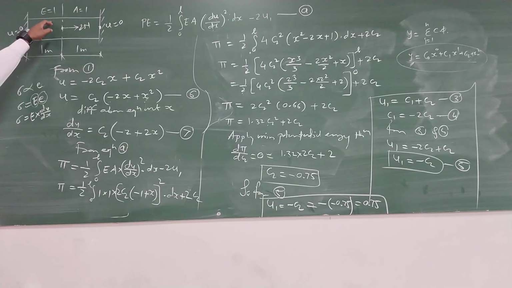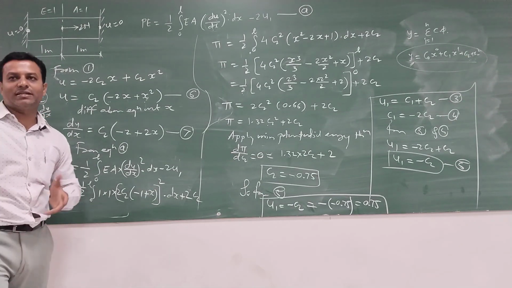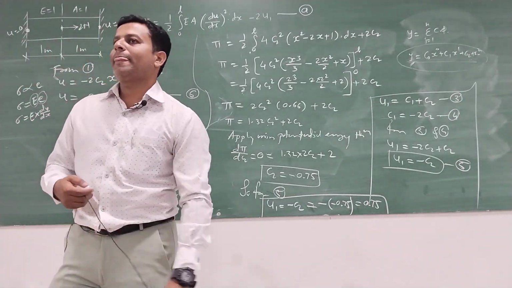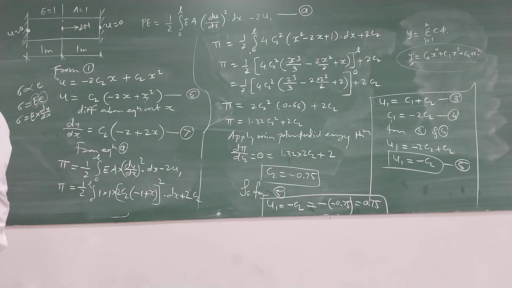And E is 1, so stress is nothing but the strain here. Okay, so you will get the value of stress. So in this numerical, in the examination, maybe these 3 questions will be asked: determine the displacement, stress and strain. Okay, sure. If you have any doubt, ask. So we have finished with this numerical.